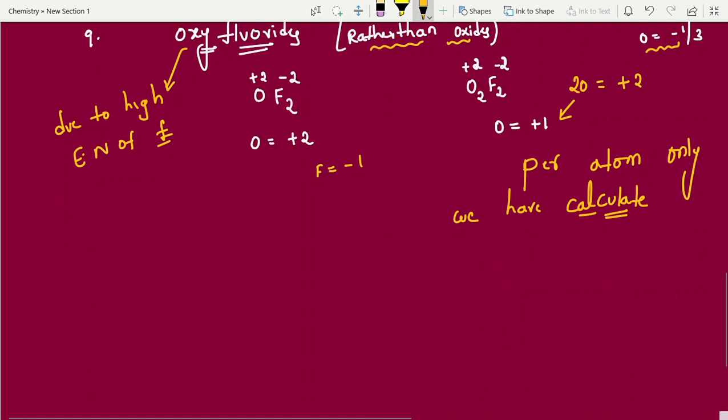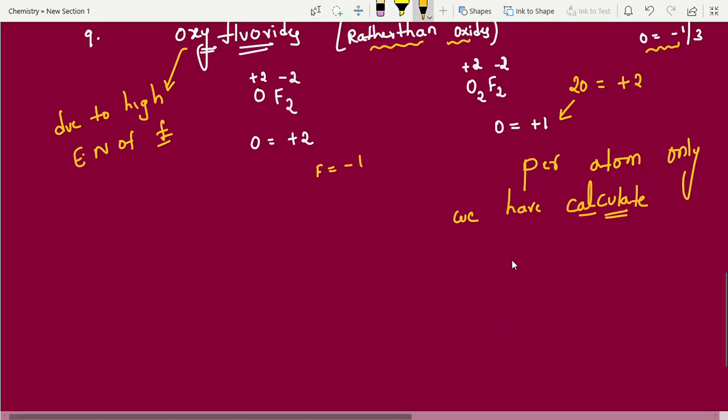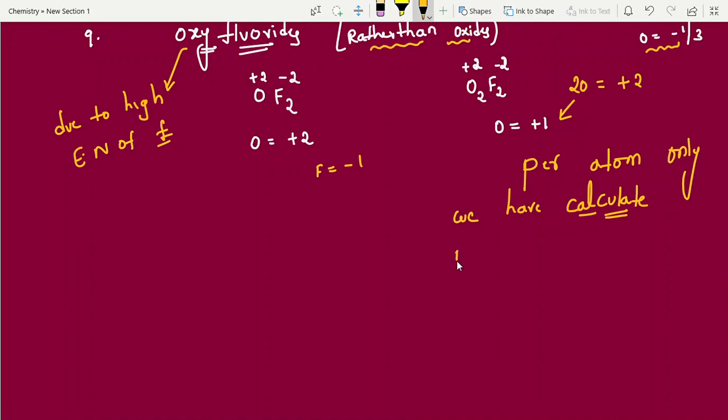In the O2F2 case, they will ask the oxidation state of oxygen. Your options: +2, second -2, third +1, fourth -1. What is our exact answer? Is it +2? Wrong. Each oxygen is +1, so that is the option. Like this, we have to do the questions properly, and very easily we can score marks.